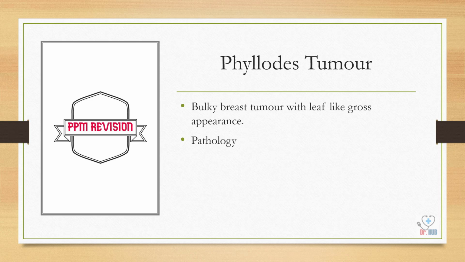On histology, there is hypercellular stroma that is seen, and also benign ductal structures. The three types of Phyllodes tumor, that is benign, borderline, malignant, are divided taking into consideration these factors, that is frequency of mitosis, cellular atypia, cellularity and infiltration margins.